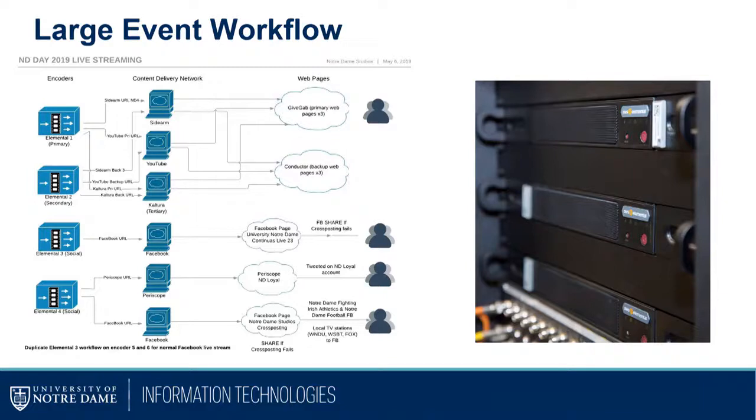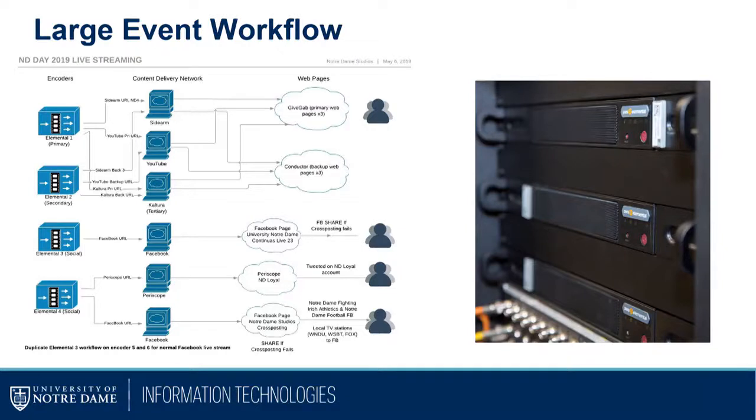But if you notice the top 2 encoders, it's very busy because it's a very complicated event. The top 2 layers are going to the 3 CDNs, and encoder 3 is pushed out for social media, with the primary social media feed to Facebook and Periscope.